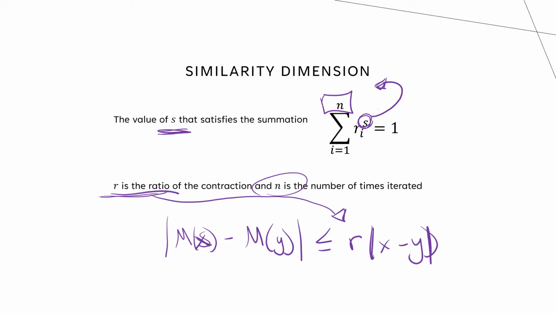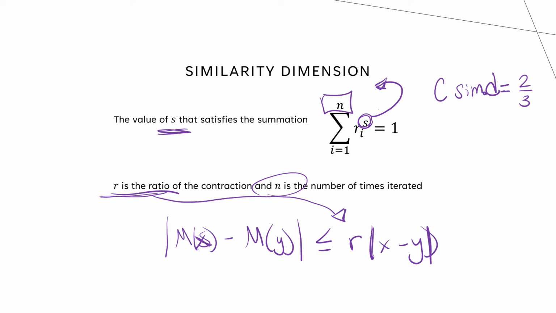Now, using that, you can get some really interesting results. So using this idea, we can actually determine that the similarity dimension of the middle thirds Cantor set is actually equal to 2/3, which seems weird.